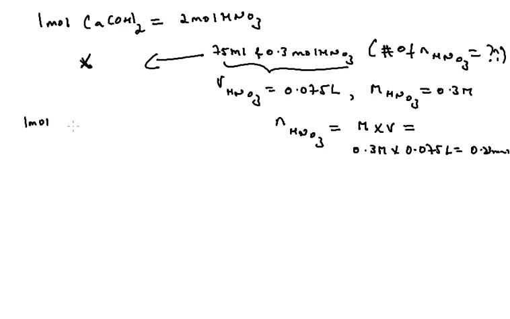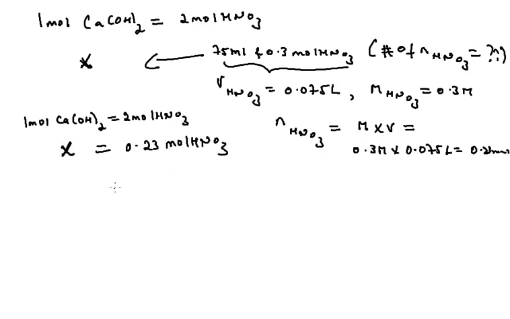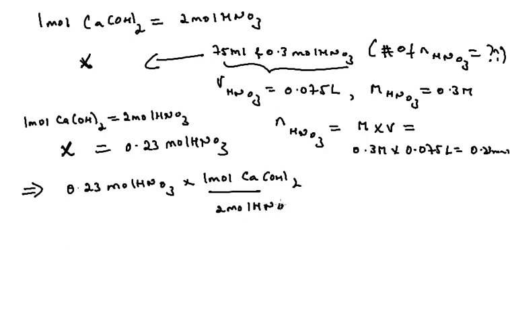So now we make a comparison here. 1 mole of calcium hydroxide requires 2 moles of nitric acid. So if you have 0.23 moles of nitric acid, how many moles of calcium hydroxide do you need? You can do a crisscross here, which is 0.23 moles of nitric acid times 1 mole of calcium hydroxide over 2 moles of nitric acid.